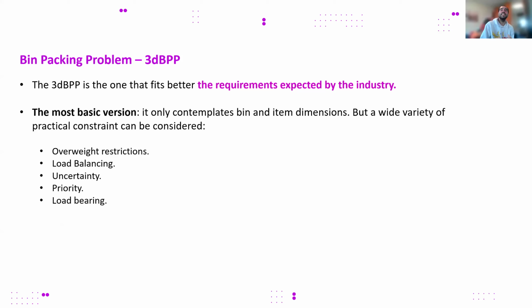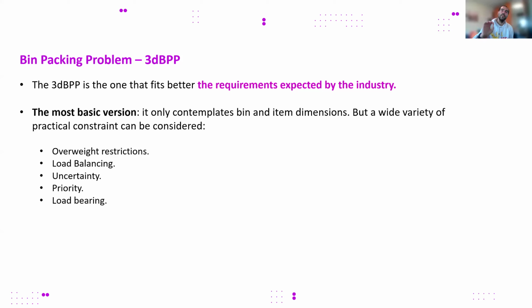The three-dimensional bin packing problem has many different variants depending on the characteristics we use to describe the items and the bins. The most basic version just contemplates the dimensions.